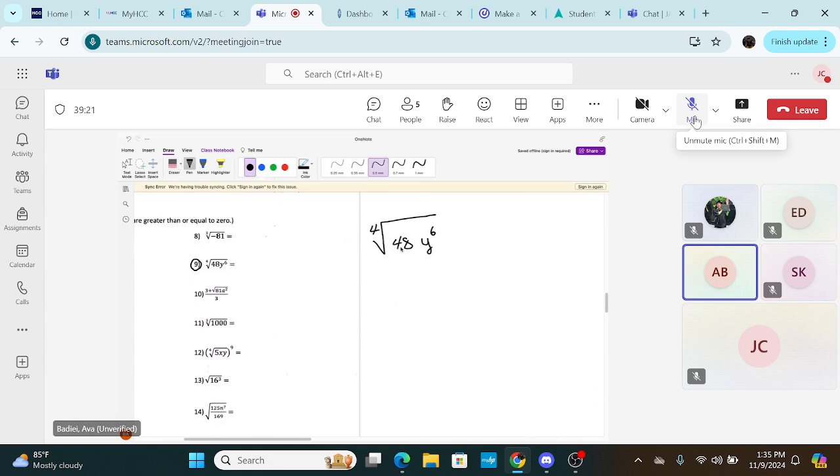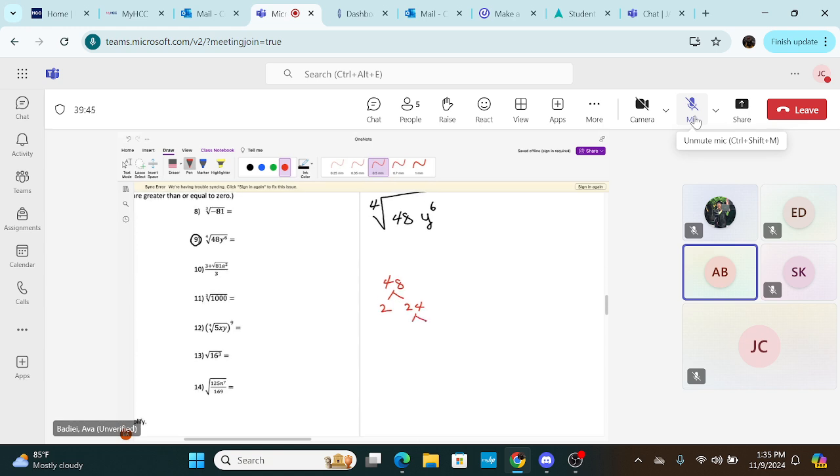For the numbers, I want you to write them as their prime factors. If you don't know how to do it, we usually use what we call a factor tree. So 48 can be written as 2 times 24. And then we are going to keep going until we have all prime numbers.